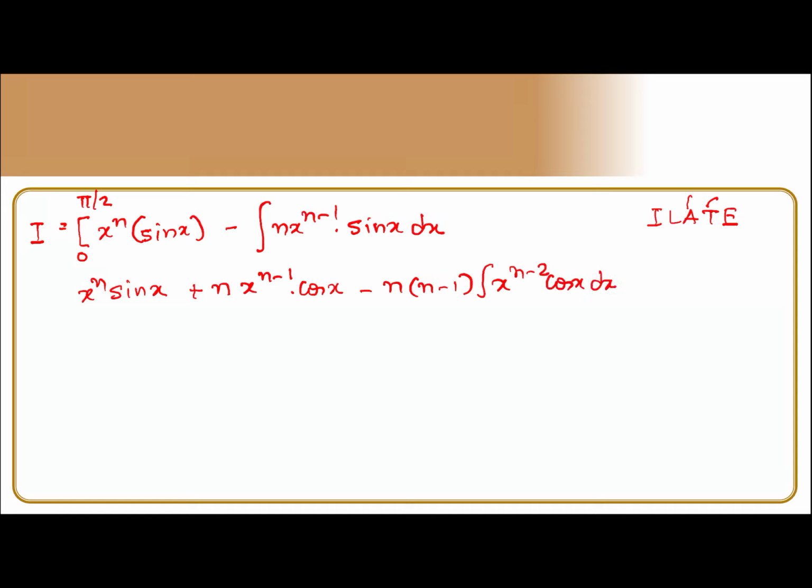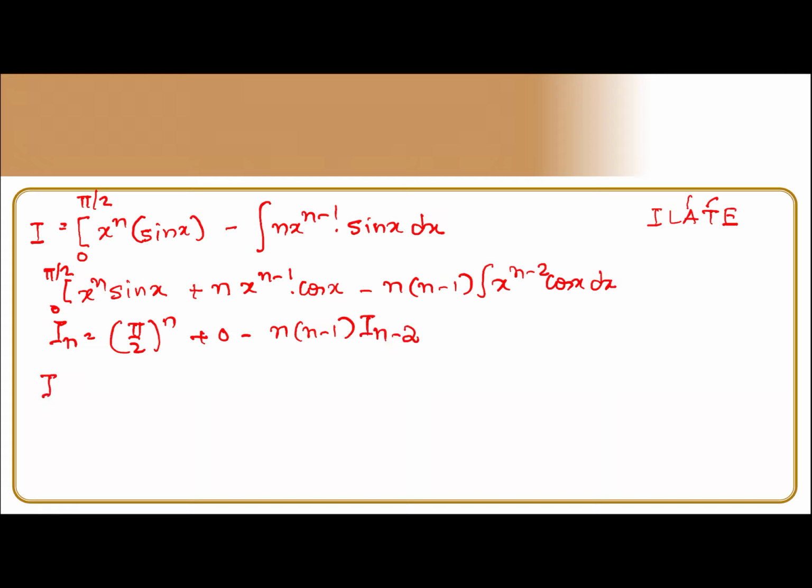Again we got the same. So In, if you put the value 0 to pi by 2, so you get pi by 2 to the power n plus 0 minus n into n minus 1 into In minus 2.